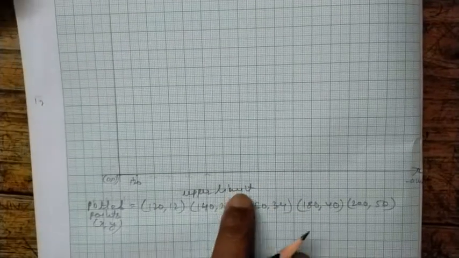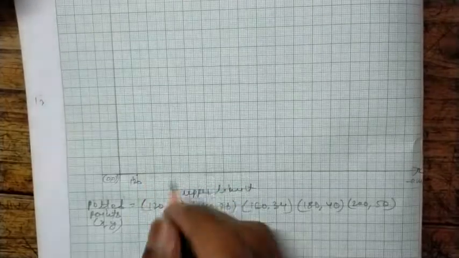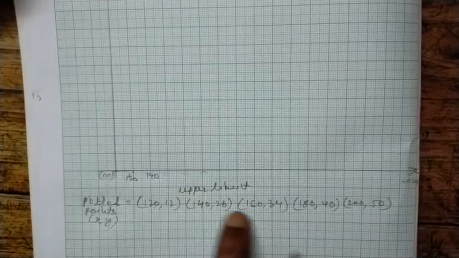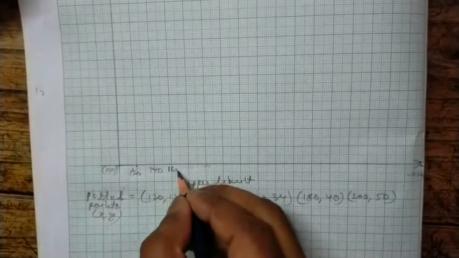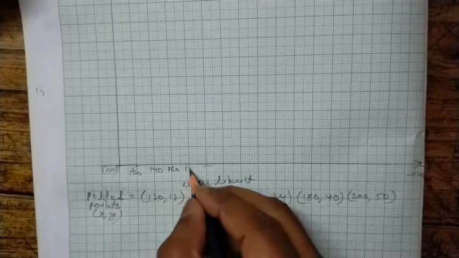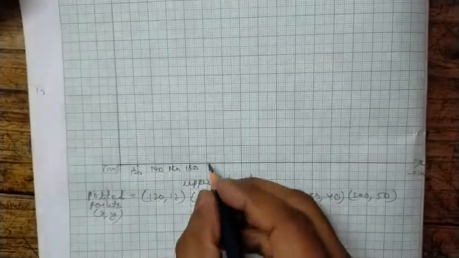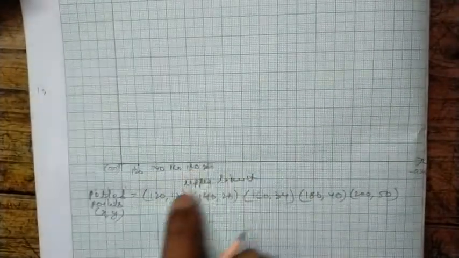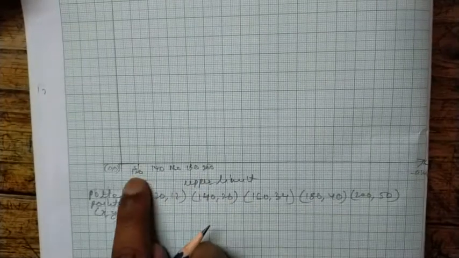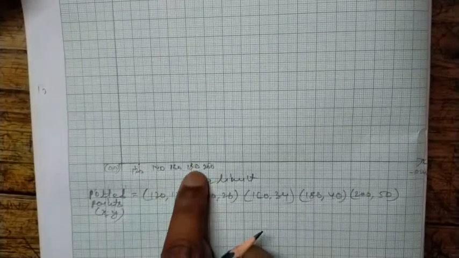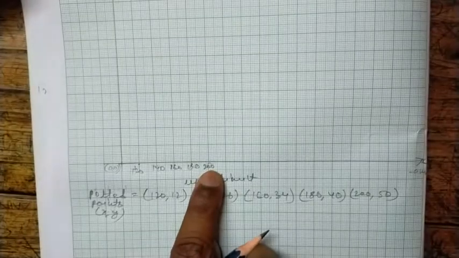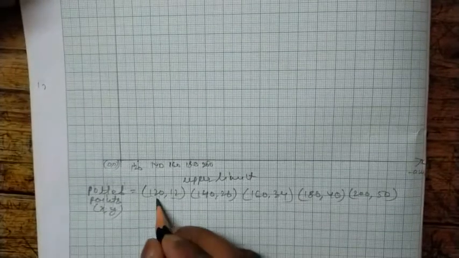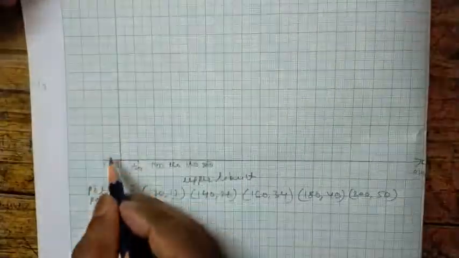Upper limit values are 120, 140, 160, 180, 200. One, two, three, four, five, yes. These are the x axis and these are the y axis, right?